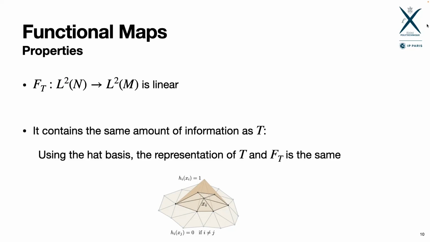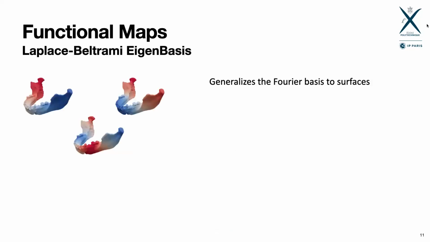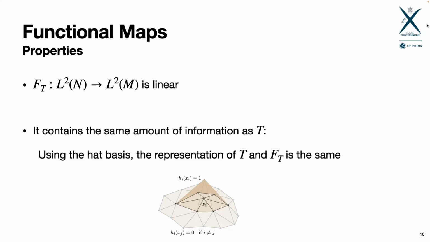With this simple representation of a function, it's exactly the same in a computer to encode T and FT. So we really did nothing; nothing was changed. Sorry, but we have a linear function between functional spaces.